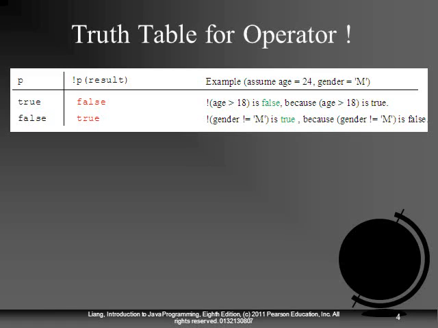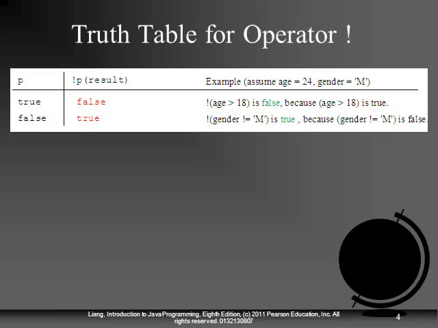When we are looking at our Boolean expressions, we need to remember that as in arithmetic, we always evaluate an expression in the parentheses first. So in this example, assume that age is 24, and we test for age greater than 24 inside the parentheses, that would be true.